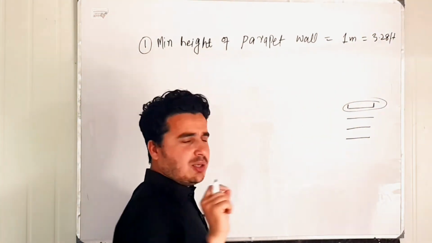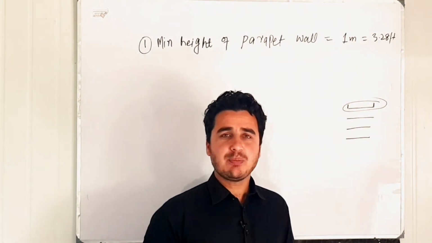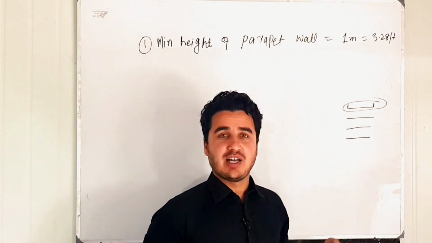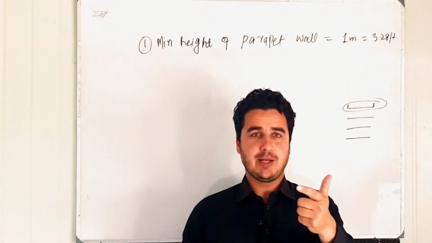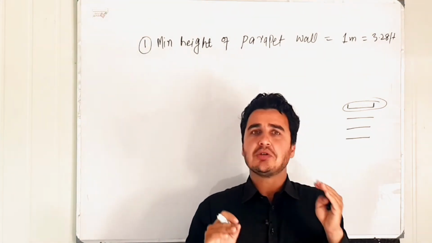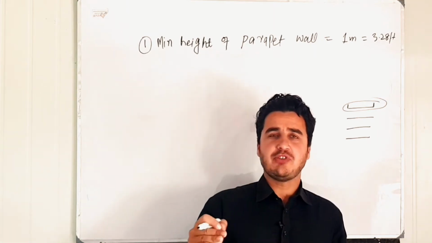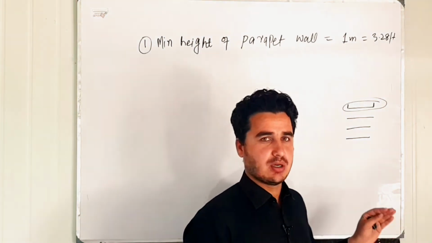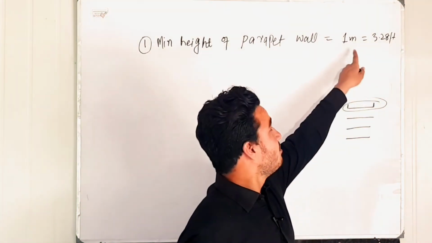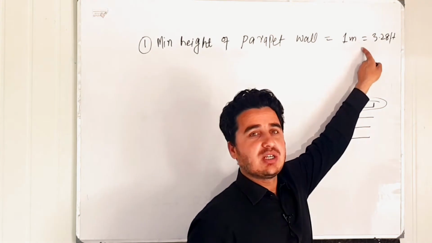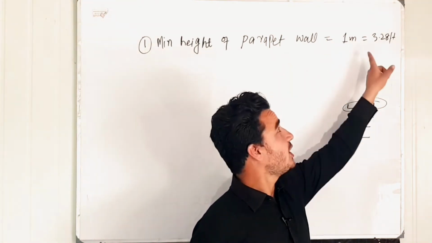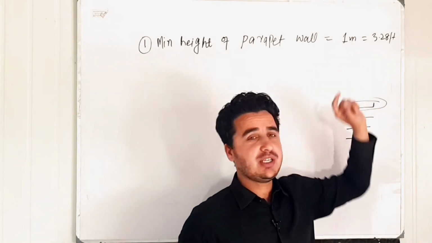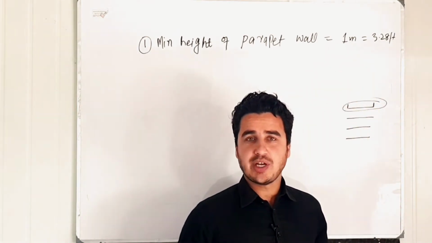So this is question number one for today. You may have used maybe 3 feet or less than that, but that is not as per the design considerations. The minimum value must be 1 meter or 3.28 feet to provide enough privacy and enough safety. So the minimum height will be 1 meter, which is equal to 3.28 feet.